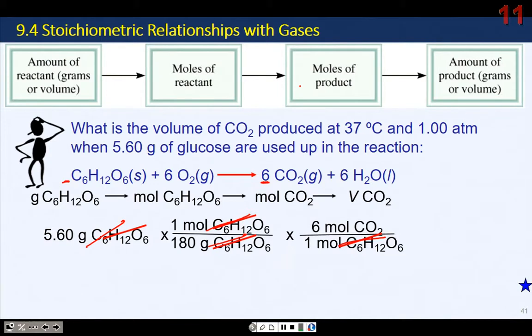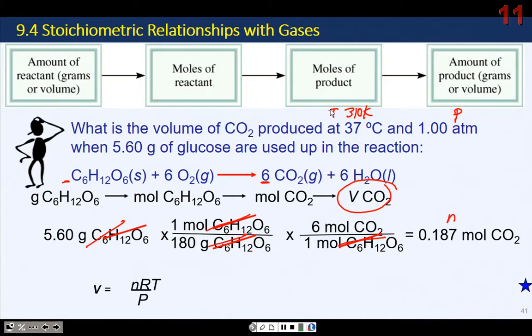Given the number of moles of CO2, which is just a mathematical exercise here, then we can use that to determine its volume. We have N, we have pressure, we have temperature. And we said that was 310 Kelvin. And this is just the ideal gas law rearranged. So the volume is going to be nRT over P. Get used to this equation.